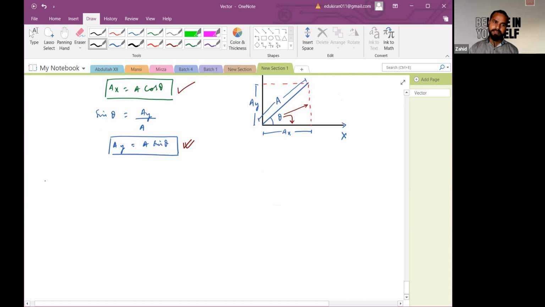Okay, I'm giving you some examples related to this. Let's say first is the simple pendulum.